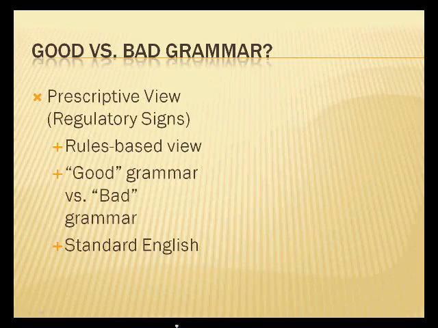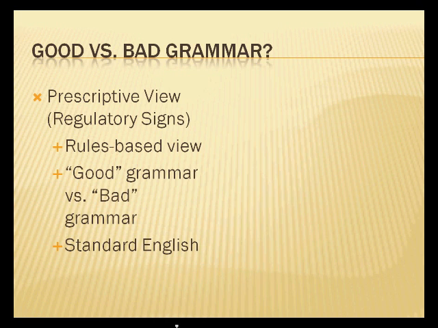Much like we discussed earlier with regulatory signs, such as stop signs or no parking signs, this is a concept in which grammar is viewed prescriptively, where people think of grammar as largely based in rules, and that we have to master these rules in order to have good grammar. So, in some ways, people refer to this as standard English.